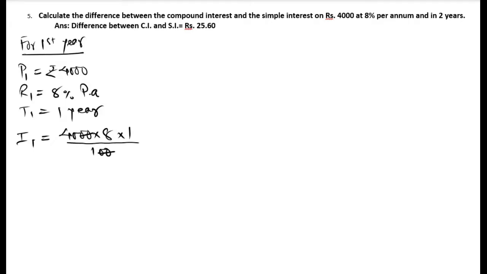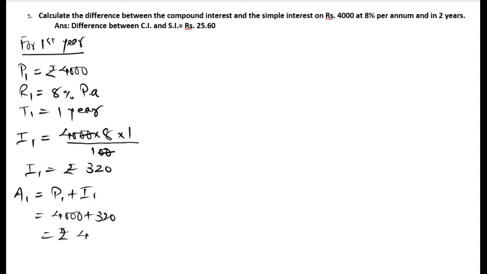So the answer will be I1 is rupees 40 into 8, that is 320 rupees. Now we can find A1. A1 is P1 plus I1, which is 4,000 plus 320, which is rupees 4320.